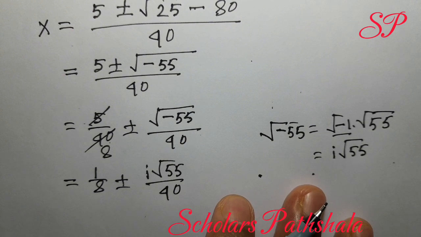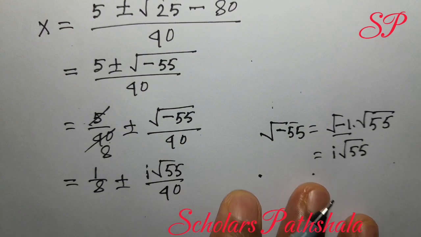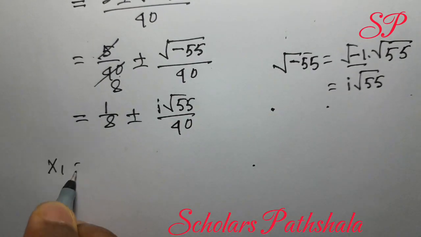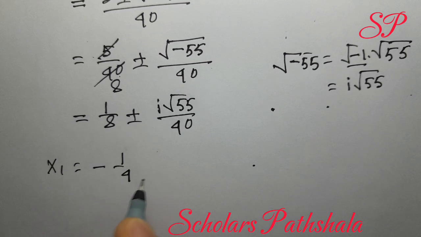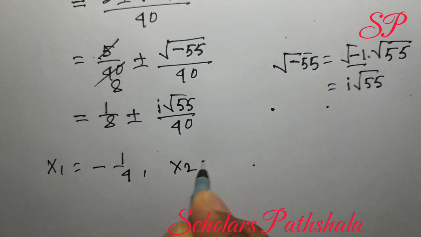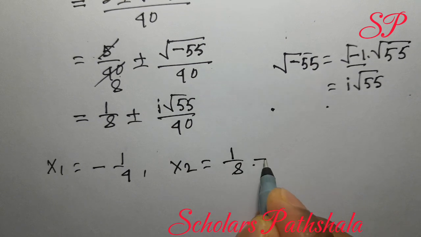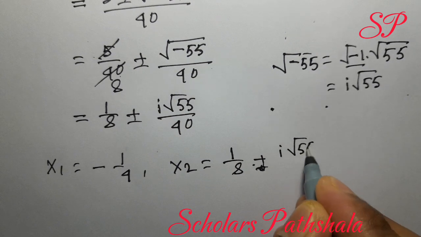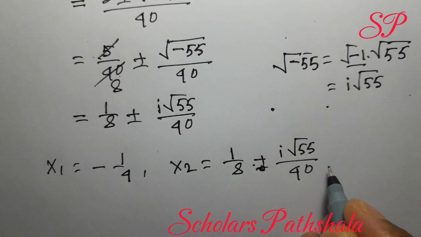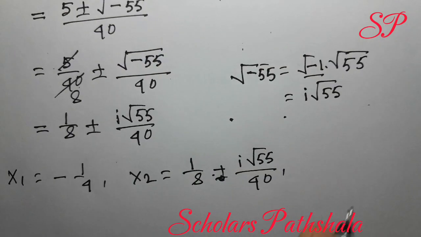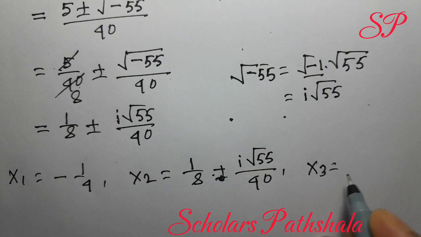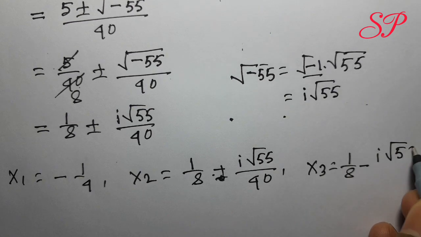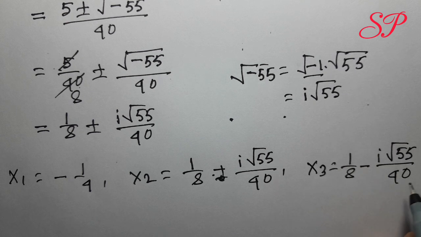Okay, this is the final value of this equation, so we can write x1 is equal to minus 1 by 4 and x2 is equal to 1 by 8 plus i root 55 by 40, and x3 is equal to 1 by 8 minus i root over 55 by 40.